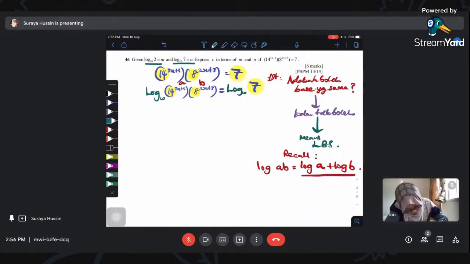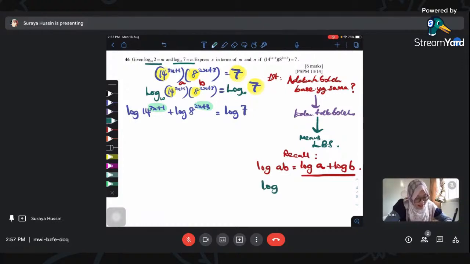So you go on. Log 14 to the power of 3x plus 1 plus log 8 to the power of 2x plus 3 equal to log 7. Saya malas nak tulis base 10 ni sebab saya terus faham. Okay. And then I know that this is power. Power can bring down. Do you remember formula ni?